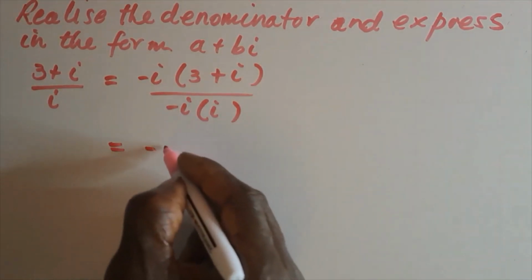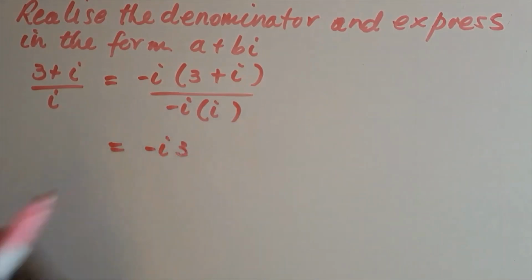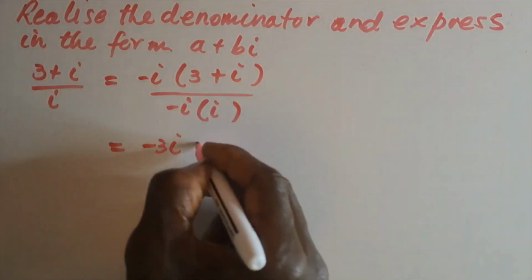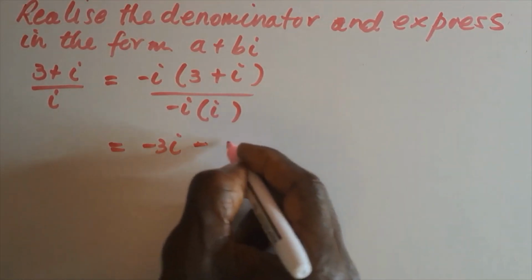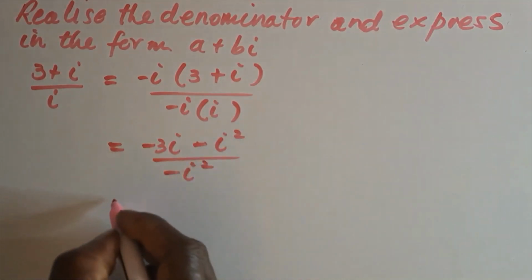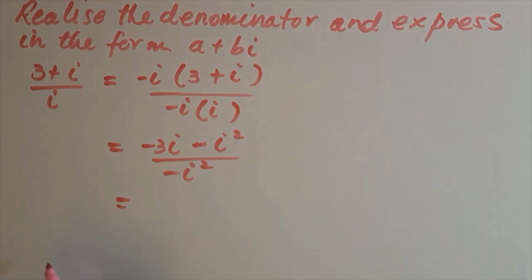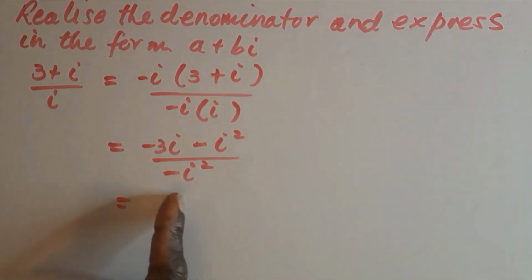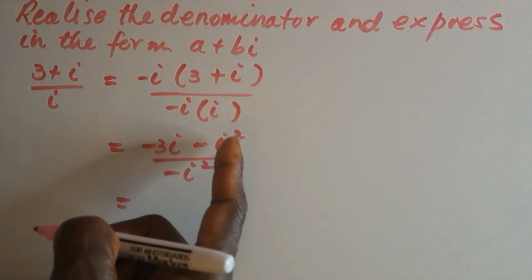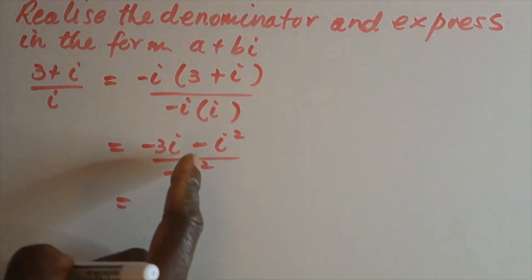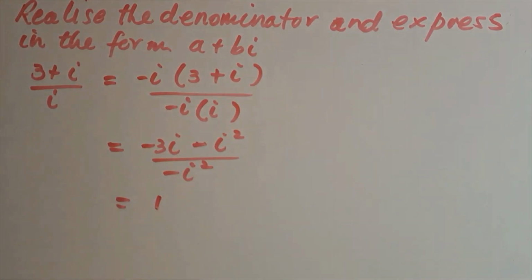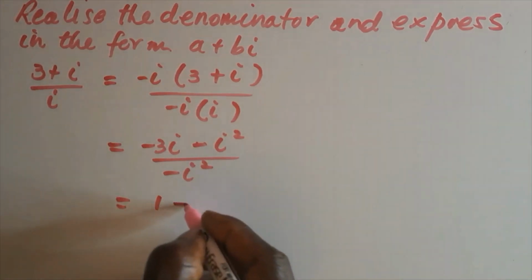This gives us minus 3i minus i squared over minus i squared. Now i squared is minus 1, so in the denominator that'll be minus 1 times minus 1, which will give us 1. And here again, minus i squared is minus 1 times minus 1, which will give us 1. We always write the real part first, followed by the imaginary part.